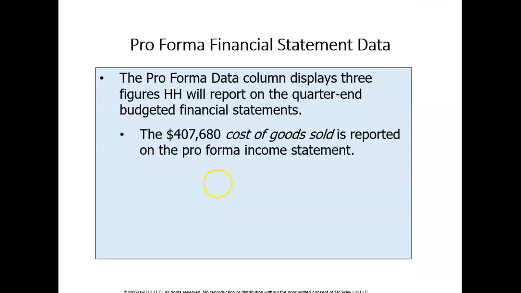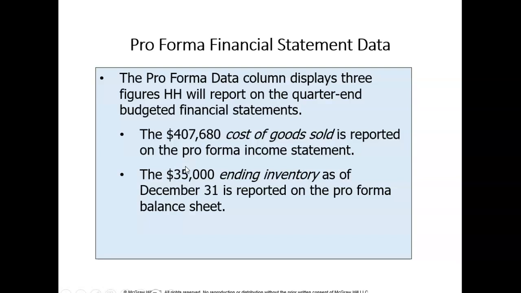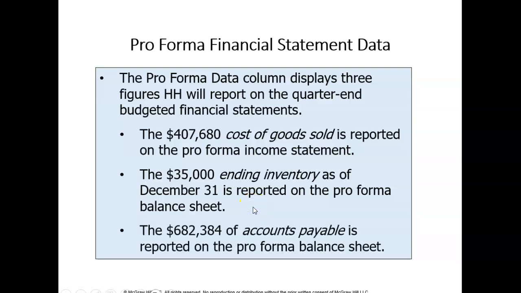Okay, so our pro forma income statement will show cost of goods sold for 107,680. The 35,000 in the inventory as of December 31st will be reported as a current asset on our pro forma balance sheet. The 682,384 of accounts payable will be reported as the ending accounts payable balance on our pro forma balance sheet.